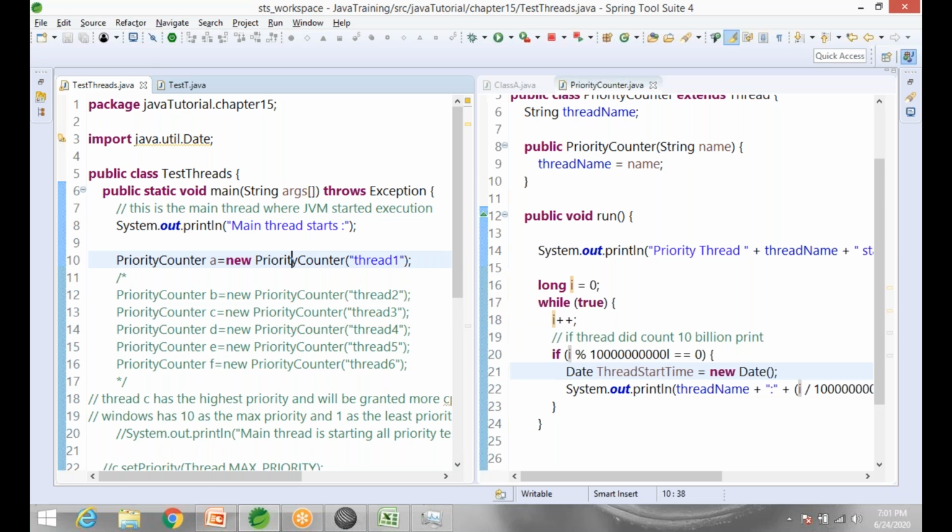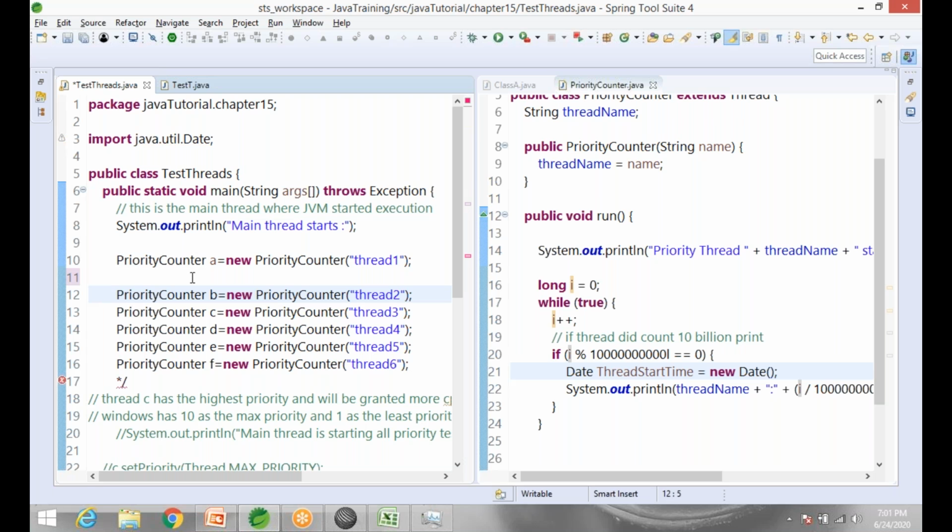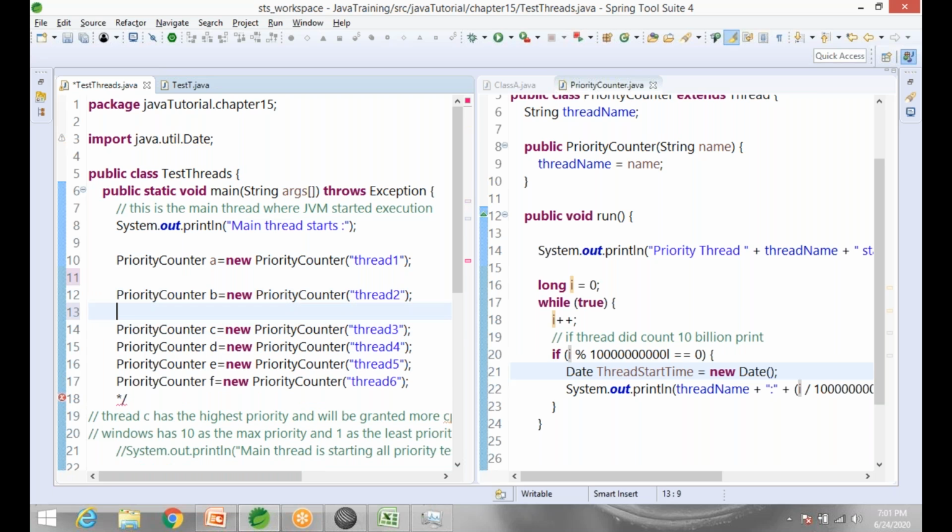Okay, now let's look at something interesting. This time, I created two objects of the thread class.